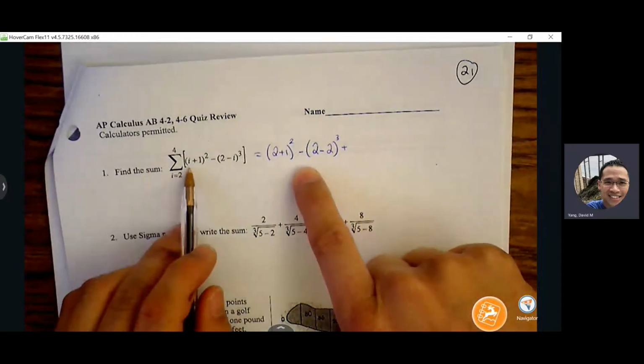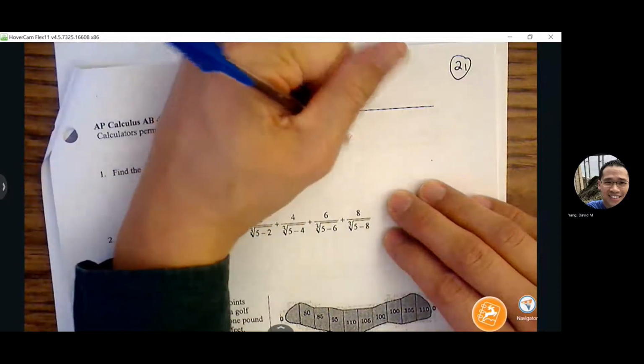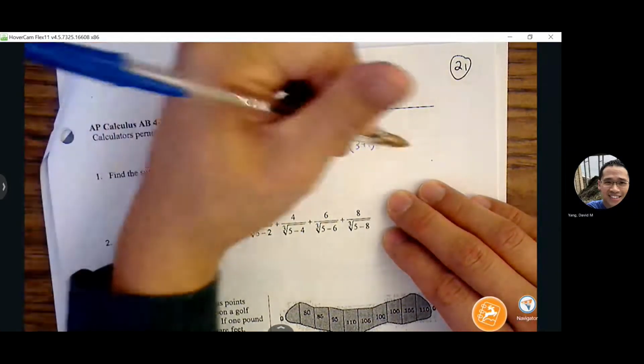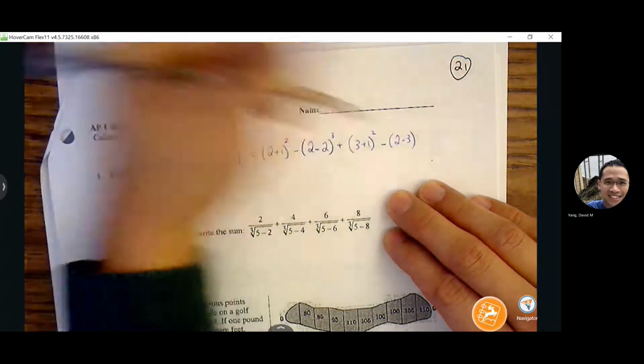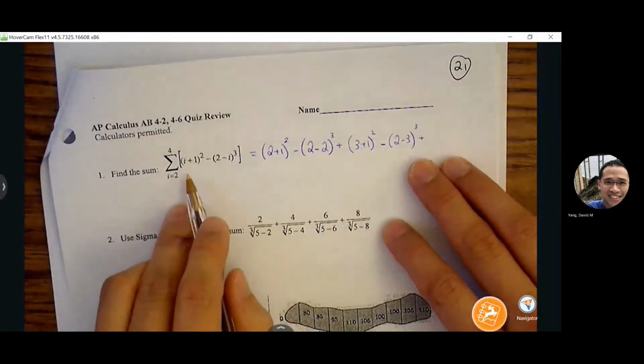So we're done with 2. Now we're moving up to 3. End with 4.